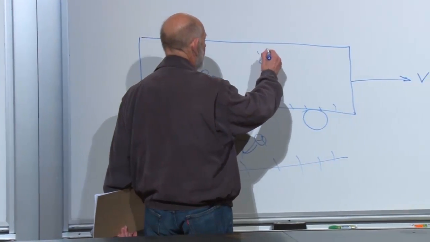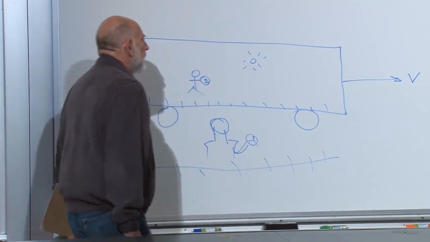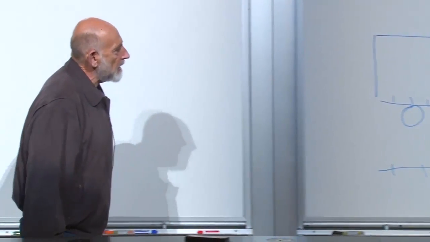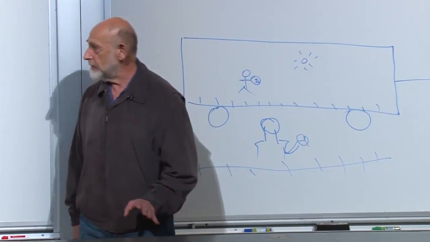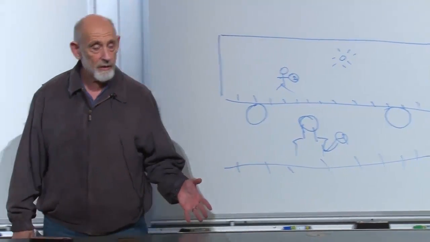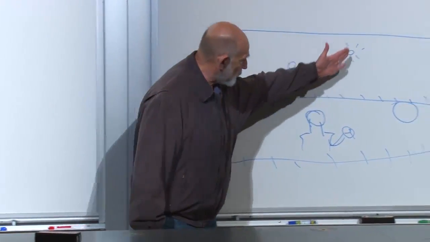A flash bulb goes off over here at a time that the stationary observer reckons to be t, at position x.